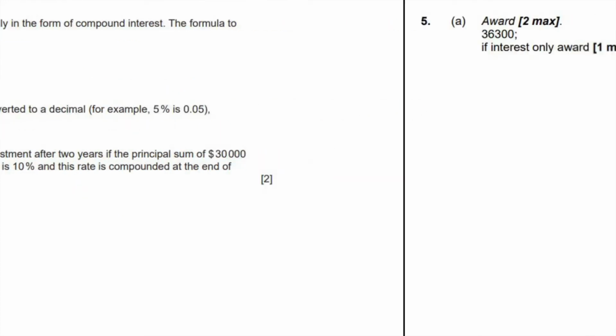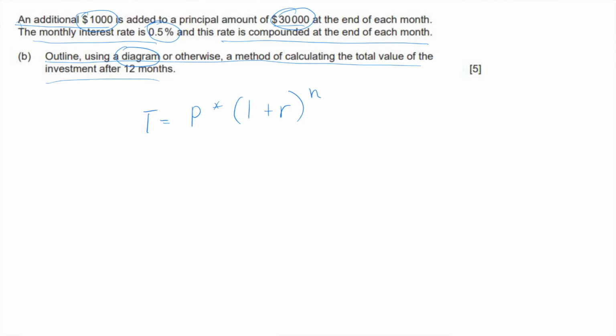So I'm just going to go ahead and write that right here. That's going to be our time period. This is going to be our interest rate. This is going to be our principal. And our principal is going to be changing each month as well. So we have an additional 1,000 in addition to 30,000 each month. So let's go see how this is approached from the point of view of a spreadsheet.